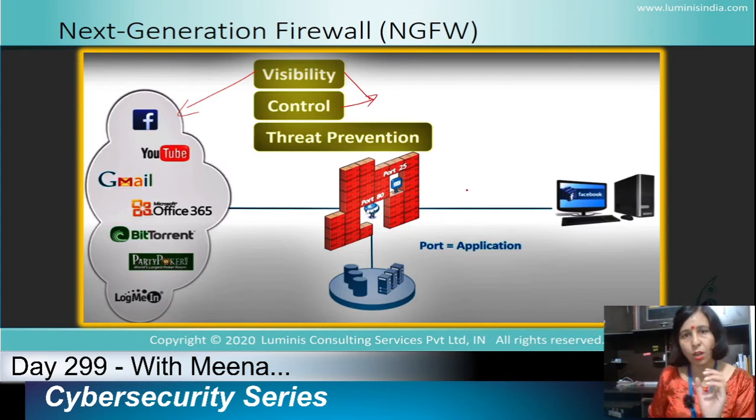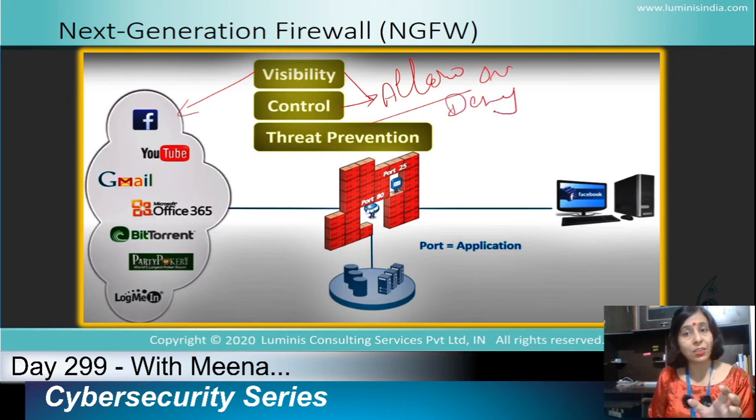We want to allow certain parts of the traffic, certain content and applications, or we want to deny certain types of things in our network. So we can do each and everything on it.